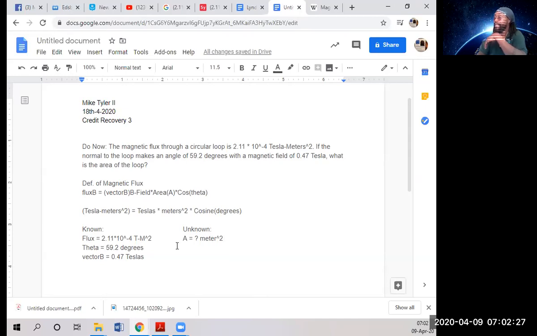Let me rewrite the equation for you without the conceptual words and stuff. Just the mathematical representation, so that it can be manipulated in a way that isolates the area. So what do we got? We got the original equation, flux is equivalent to our vector B, right?